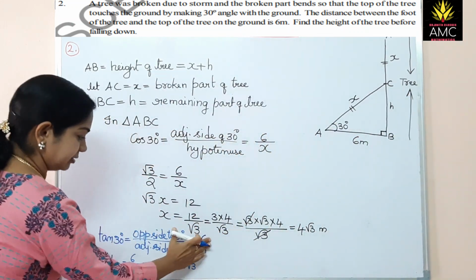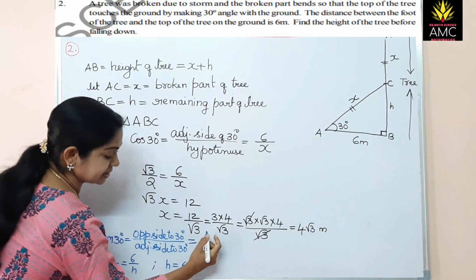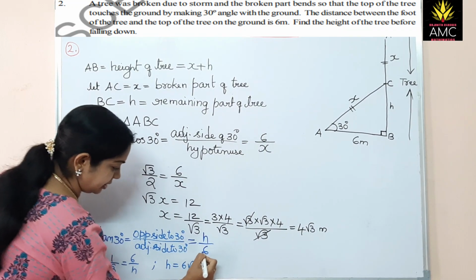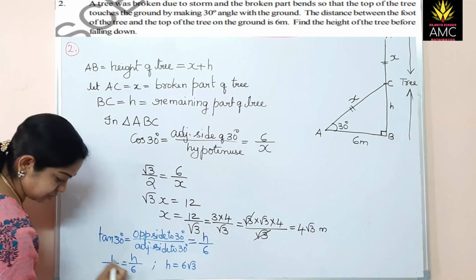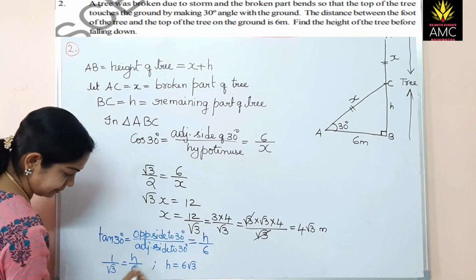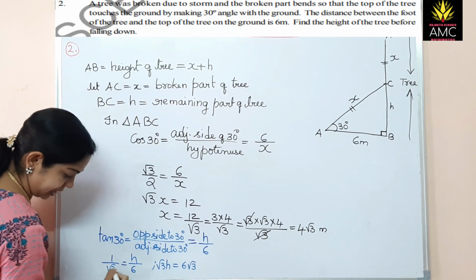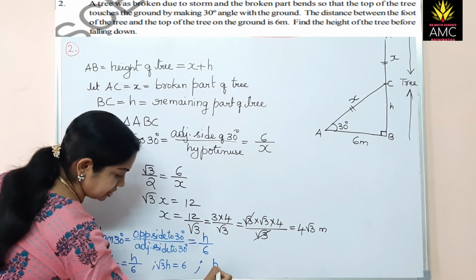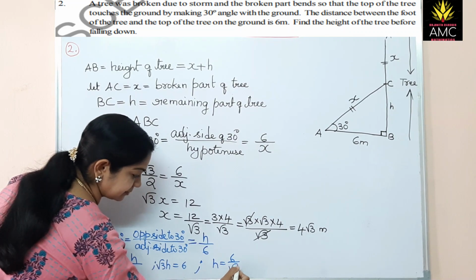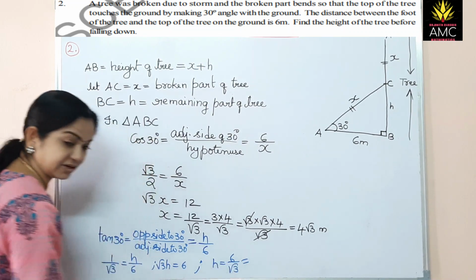Sorry, here I have to write opposite by adjacent, so opposite is h by 6. So cross multiply, and you get root 3 h is equal to 6. Again h is equal to 6 by root 3. Now we can further simplify.